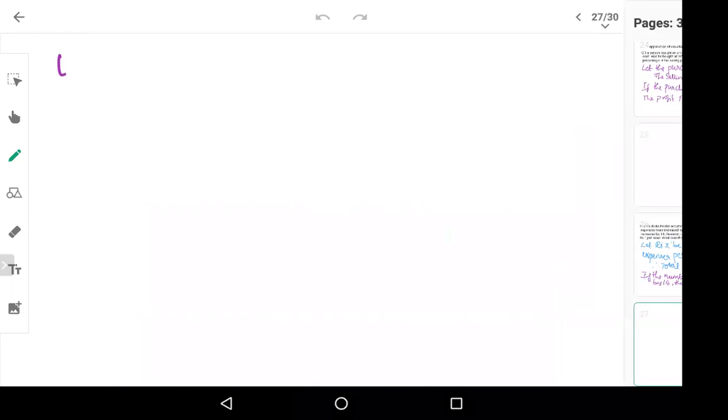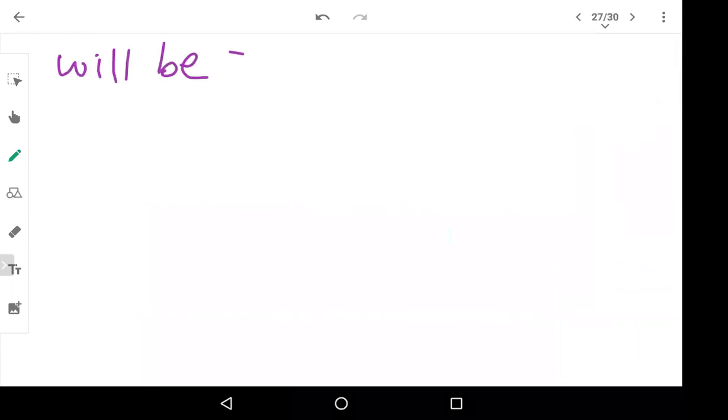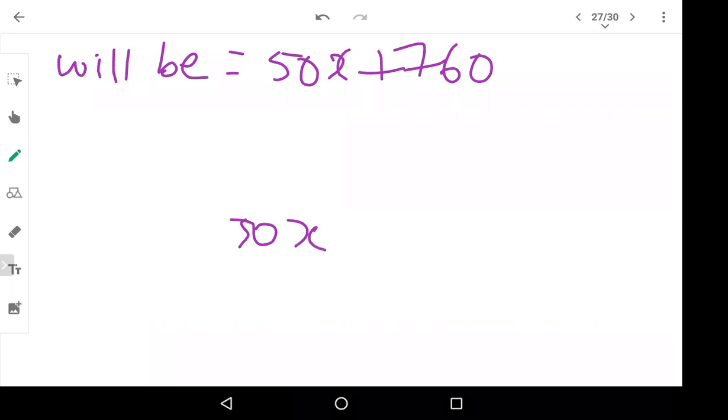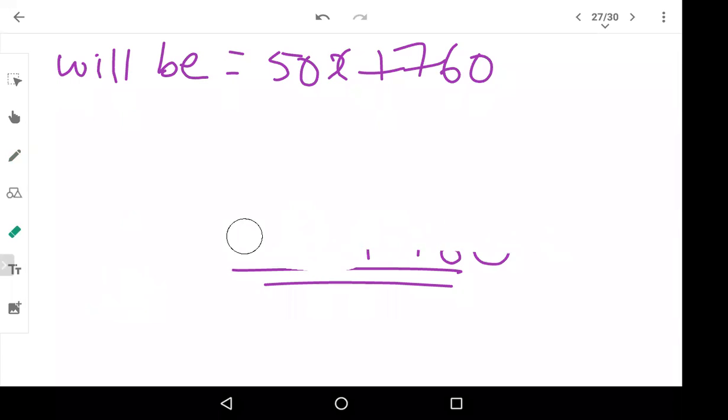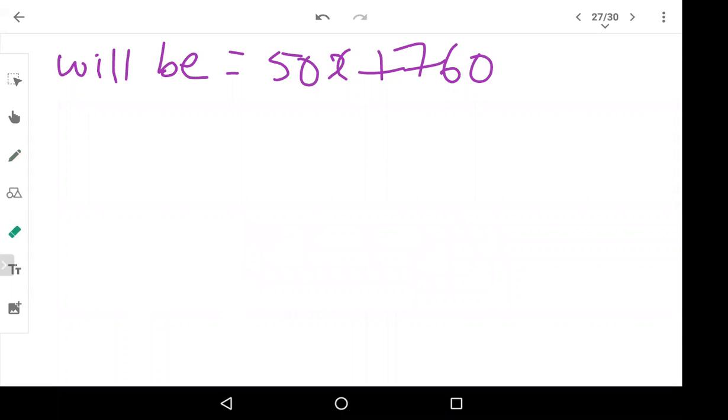Laundry expenses will be 50X plus 760. Originally the cost that we were paying is 50X. Now 14 extra people have come, so I am paying an extra 760 rupees to the laundry person. Fine. So this is the third derivation.